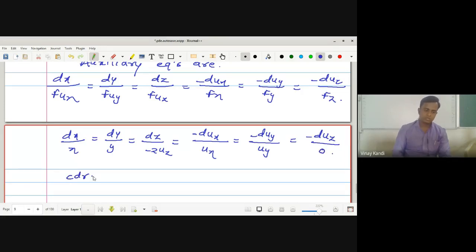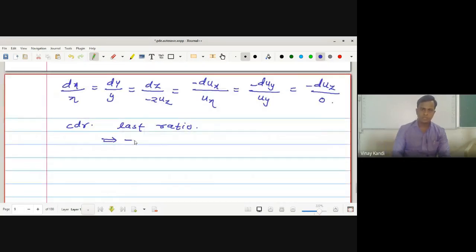Okay, now consider the last ratio. Okay, it implies minus duz upon 0, which implies duz is equal to 0.